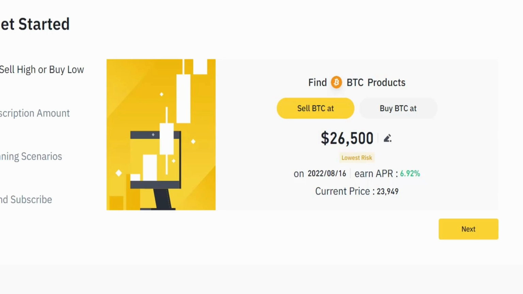Today is the 12th of August, and there is a target date before the 16th. I am sure that BTC is not going to reach 26,500. If it reaches, please sell it. You will sell it definitely once it reaches.